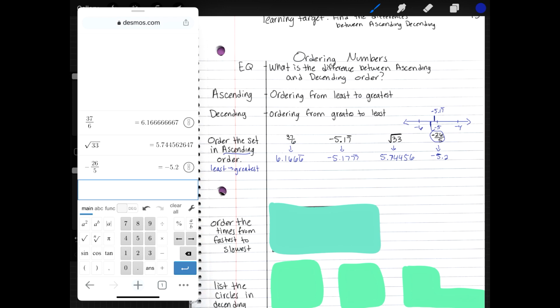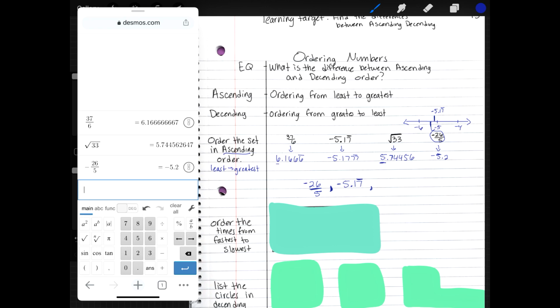Okay, so I know from the negative side, my least number that I have on here is this negative 26 over 5. So I'm going to write negative 26 over 5. That's my first number. That's a comma. My second number will be this negative 5.17 repeating. And then let's look at 37 over 6 and the square root of 33.